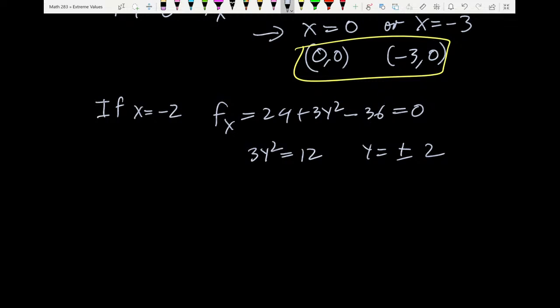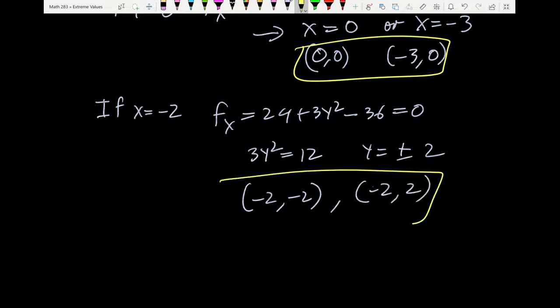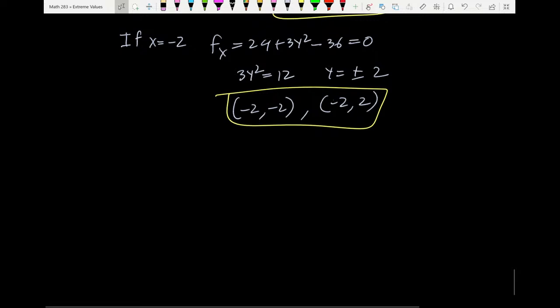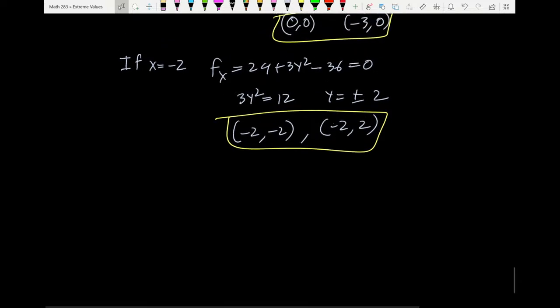So from that, what do you guys get? Negative 2 and 2. So we got 4 set of numbers, all right?